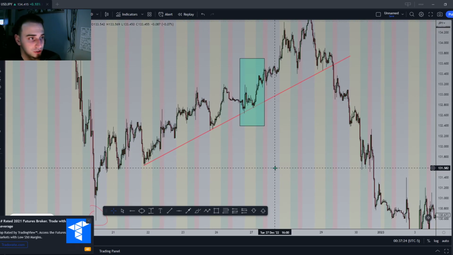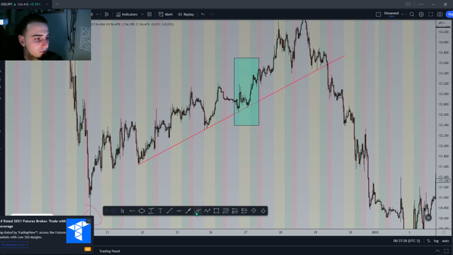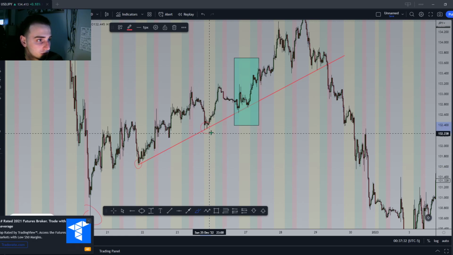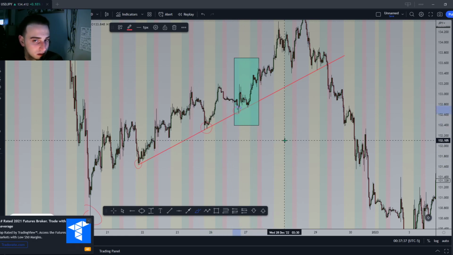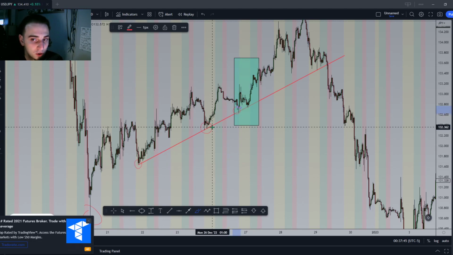You spot this uptrend that's been going for the previous days. We got the first touch right here, the second touch right here, and the third touch right here. The first and second touches are what form the uptrend.